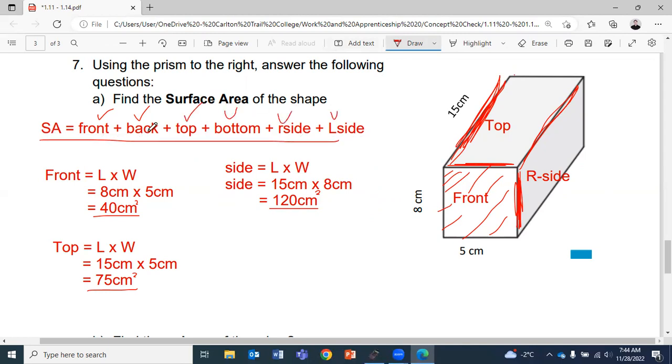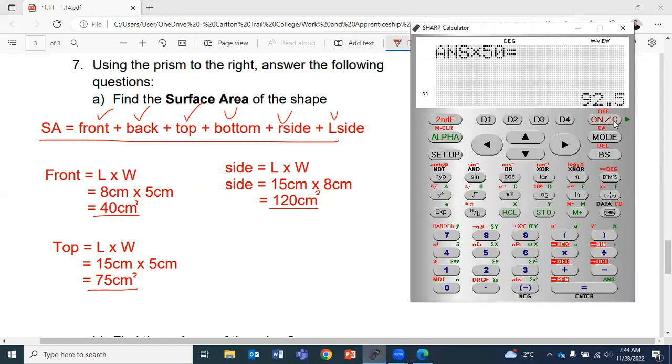Cool. So remember, go back to your original formula though. It's the front plus the back. So 40 plus 40 plus the top plus the bottom plus 75 plus 75 plus right side plus left side plus 120 plus 120. So put that all in your calculator. So it's 40 plus another 40, right? Front plus back.